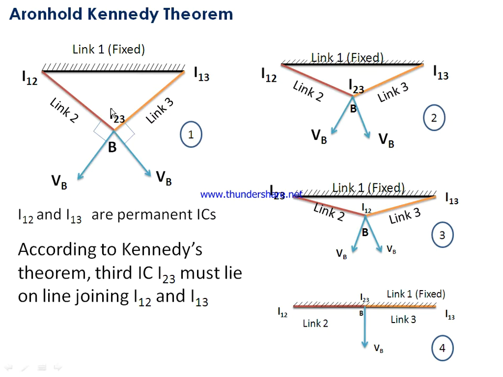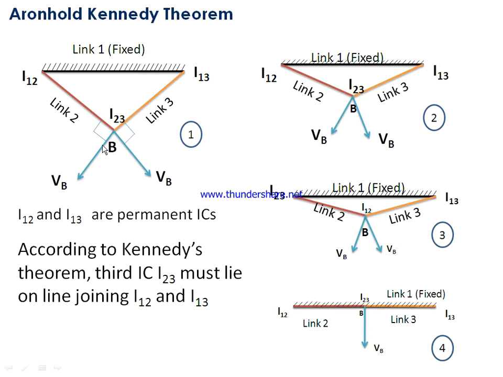The permanent instantaneous center is here, I23, which lies at the joint between link 2 and link 3. And here Kennedy's theorem says, if there are three rigid bodies having relative motion with respect to each other, all three instantaneous centers must lie in a straight line.